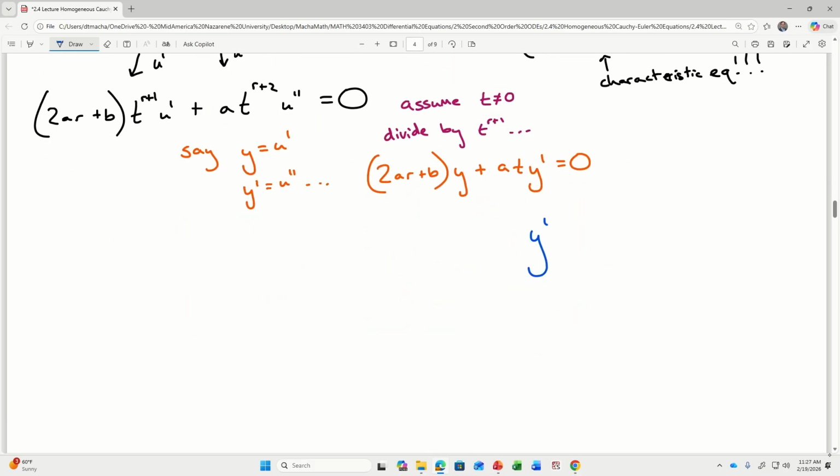And since it's a separable ODE, I can subtract this from both sides and then divide both sides by y, and then divide both sides by at, and I would get negative 2ar plus b divided by at. And we'll take the antiderivative of both sides with respect to t.